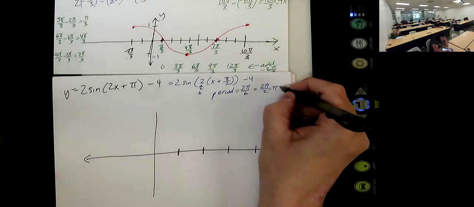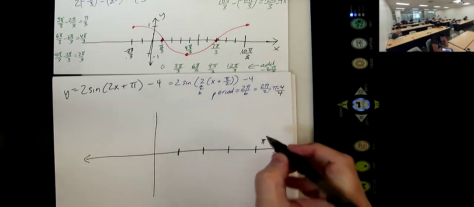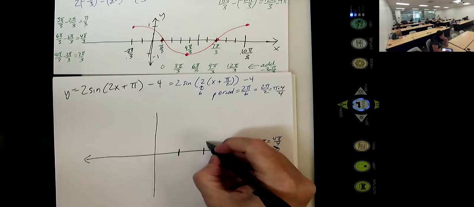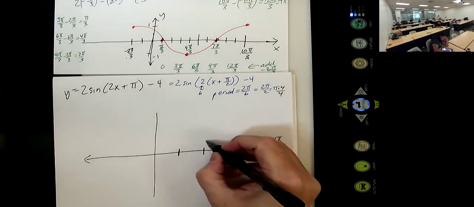If I multiply that by 4/4, this is like 4 pi over 4. And it kind of makes finding these middle values a little bit easier.